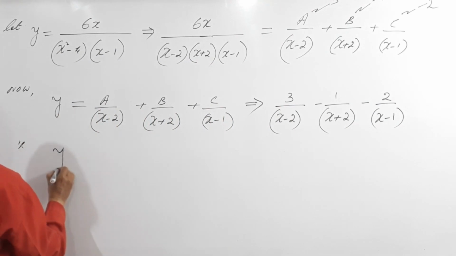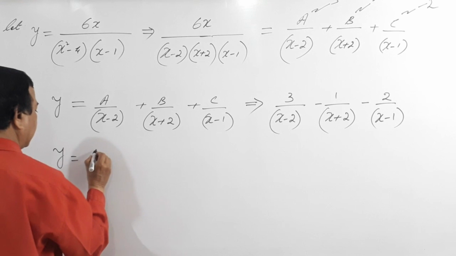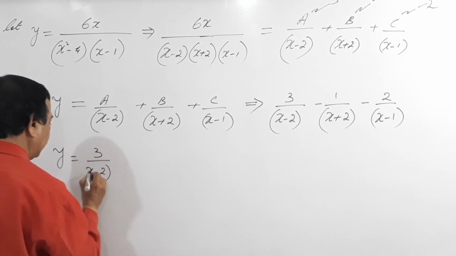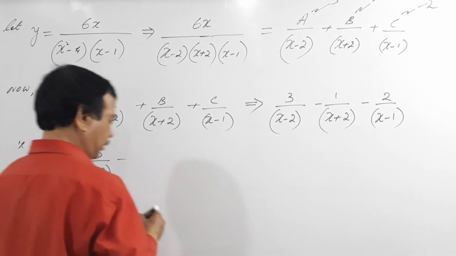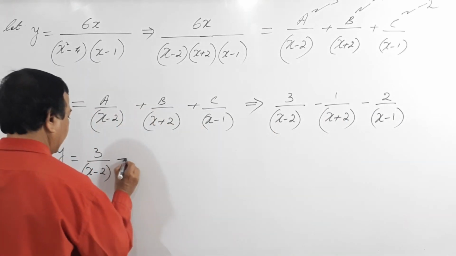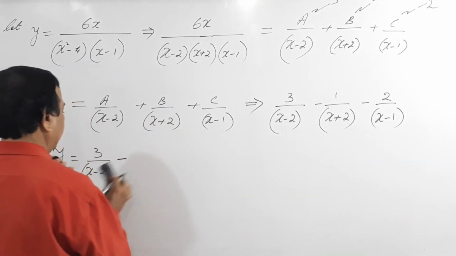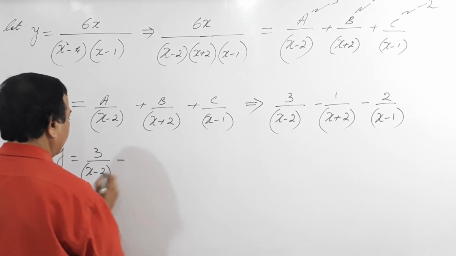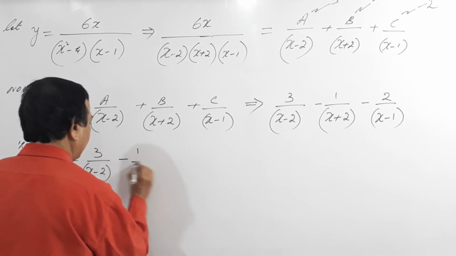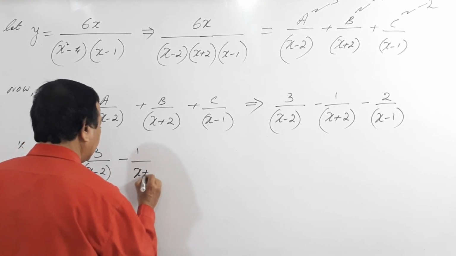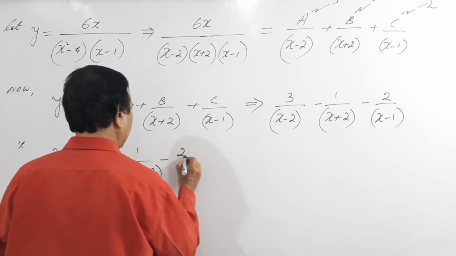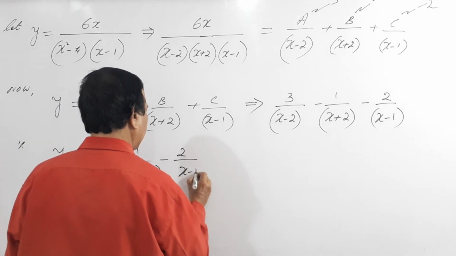That is y equals 3 by x minus 2, minus 1 by x plus 2, minus 2 by x minus 1.